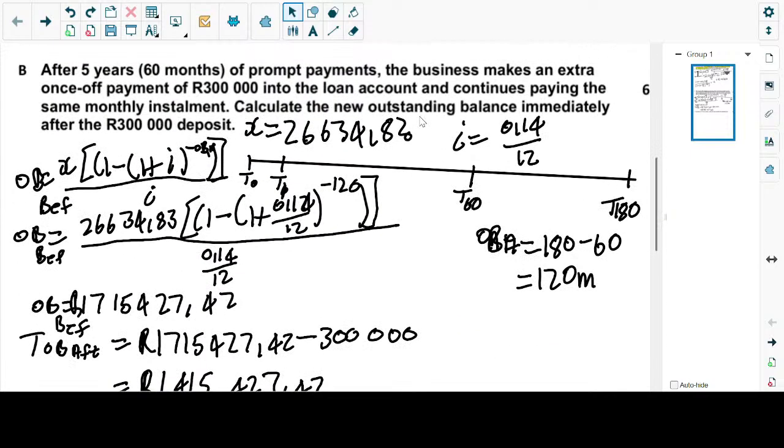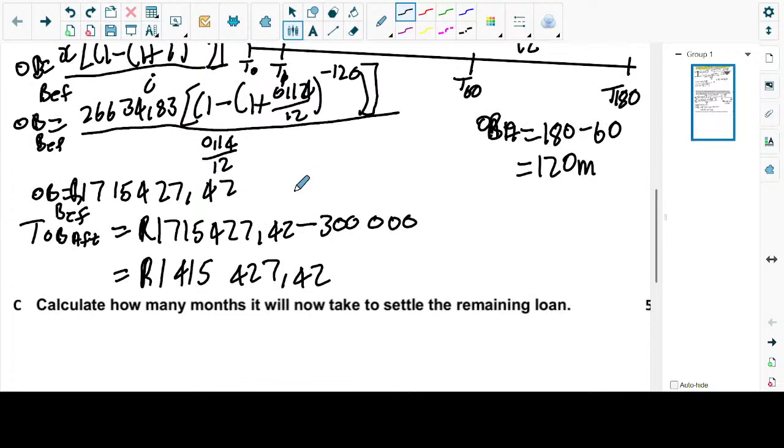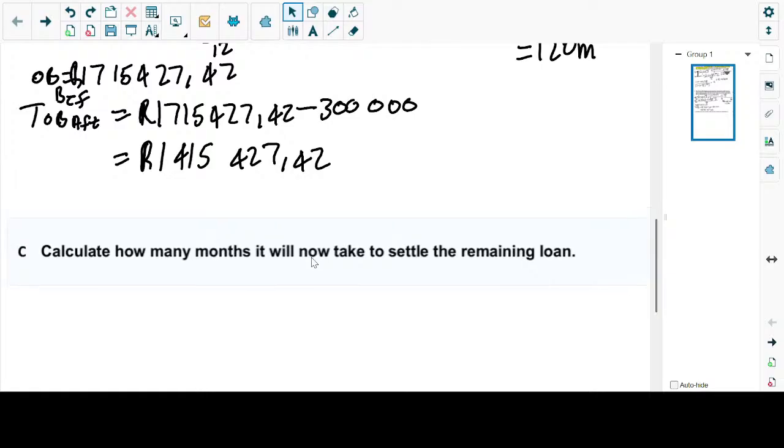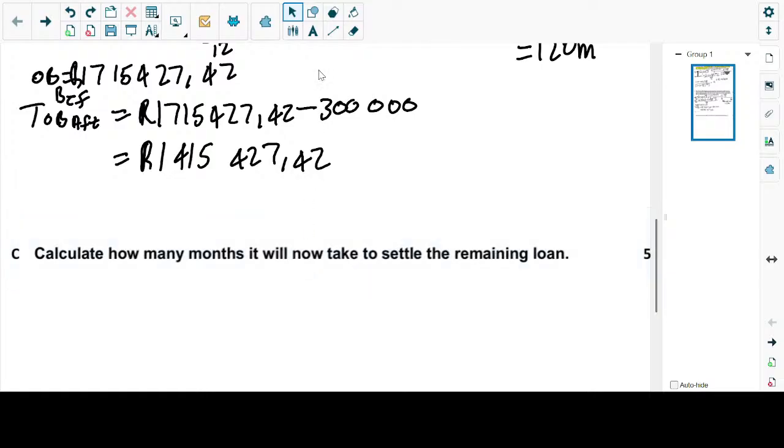So you have T0, you don't pay anything. You have T1, you start paying 26,634, up until T60. Now you can calculate the total amount that I've paid after the 60th payment. So we say total amount paid.